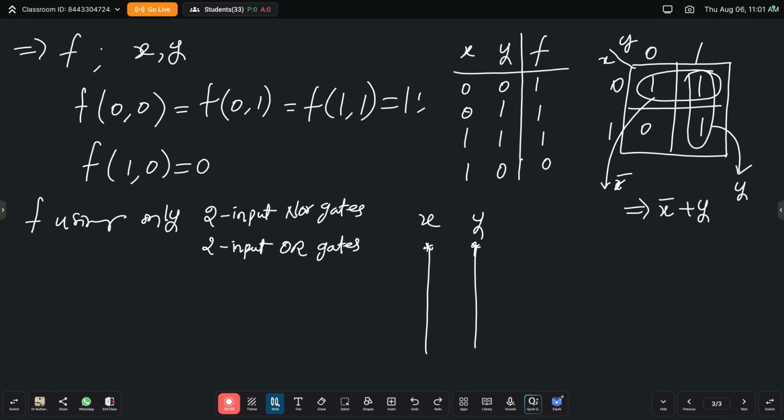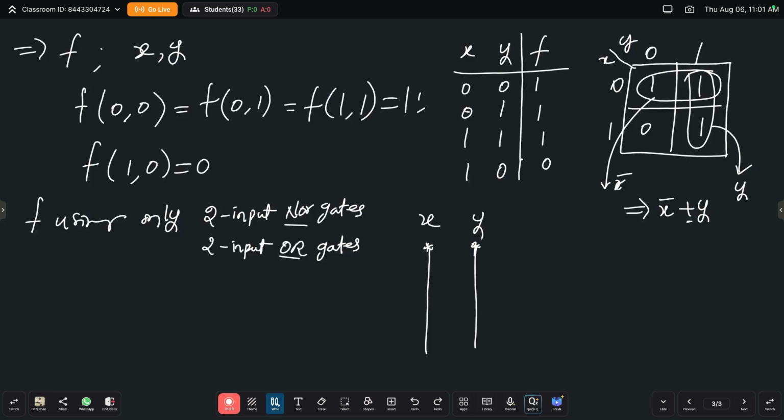Okay. So what they told you, you should consider NOR gates. Tell me, what is the NOR gate, what is the OR gate? So this is OR, right?